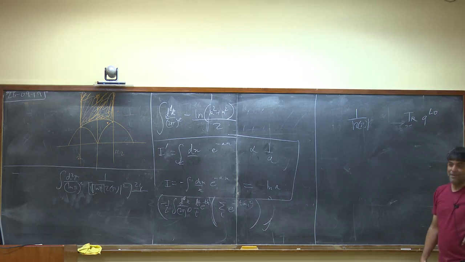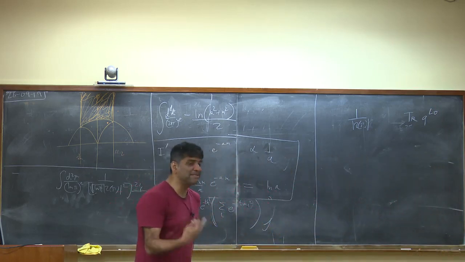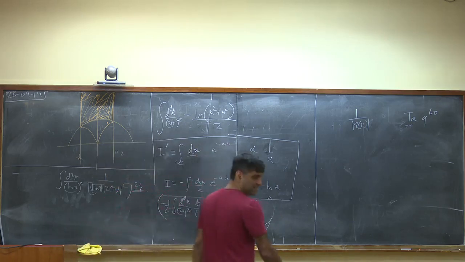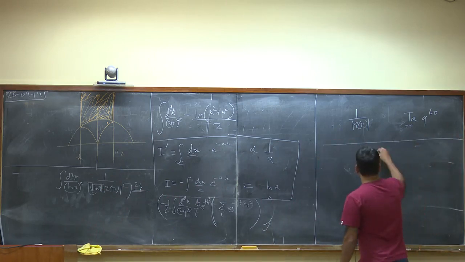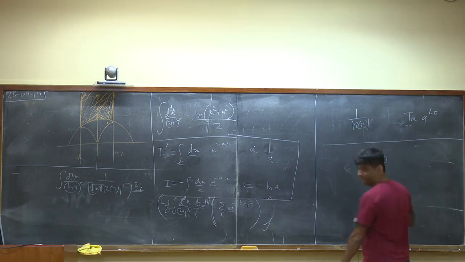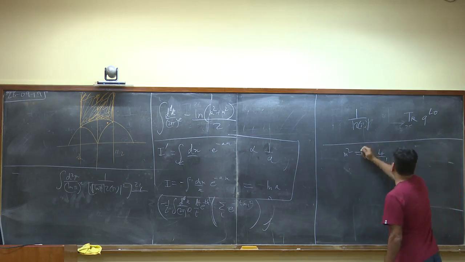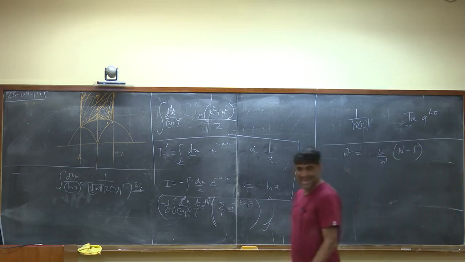But L naught was precisely the mass. Let us remember the precise relationship between L naught and m squared. The precise relationship for the closed bosonic string was that m squared was equal to 4 by alpha prime into (N minus 1), where N was the oscillator number.